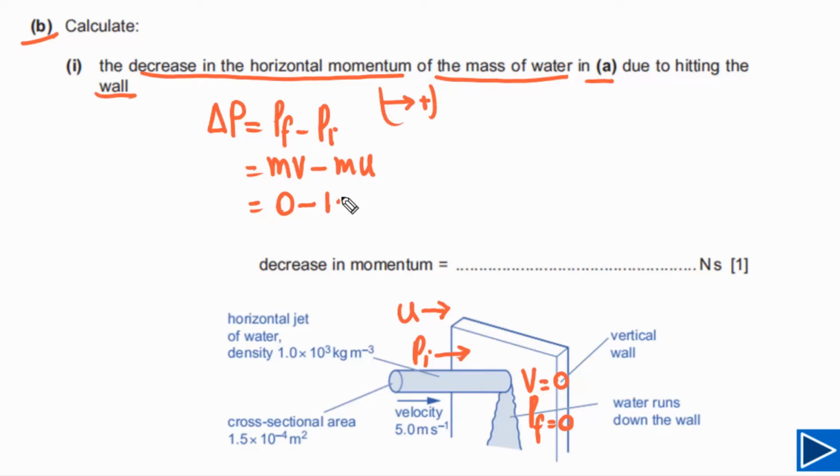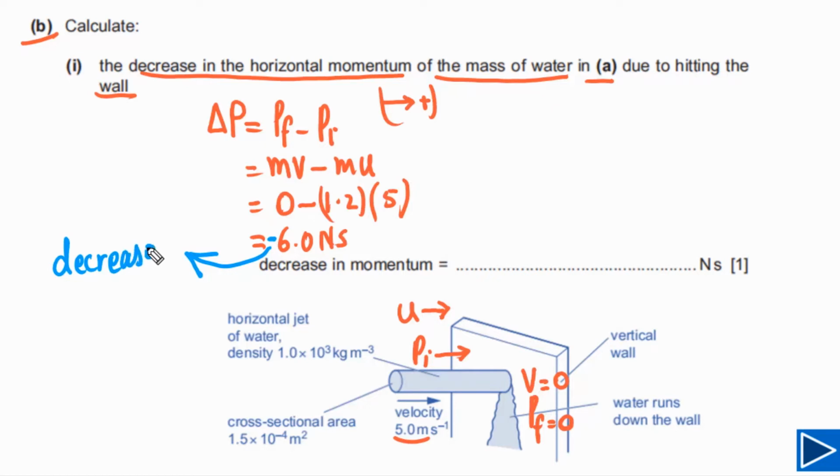M we have calculated in part A, that was equal to 1.2, and the initial horizontal velocity is 5, and this 5 is positive because we are taking to the right as positive. Our final answer in this case will be equal to 6.0 newton second, but here we will get a negative sign, and the negative sign simply tells us that the change in momentum is negative, or simply you can say this negative sign is telling us decrease in momentum because the change is negative.